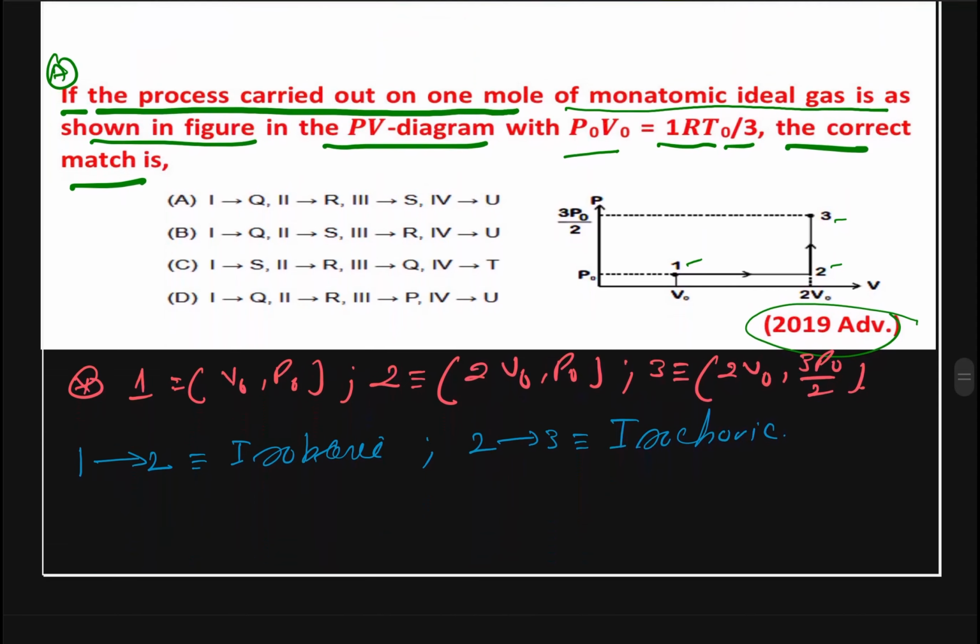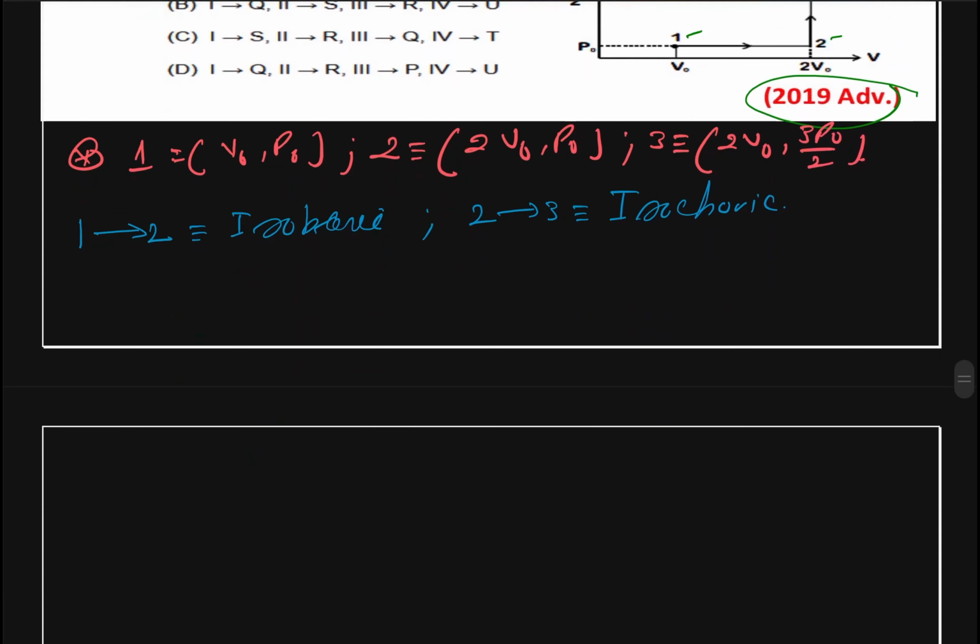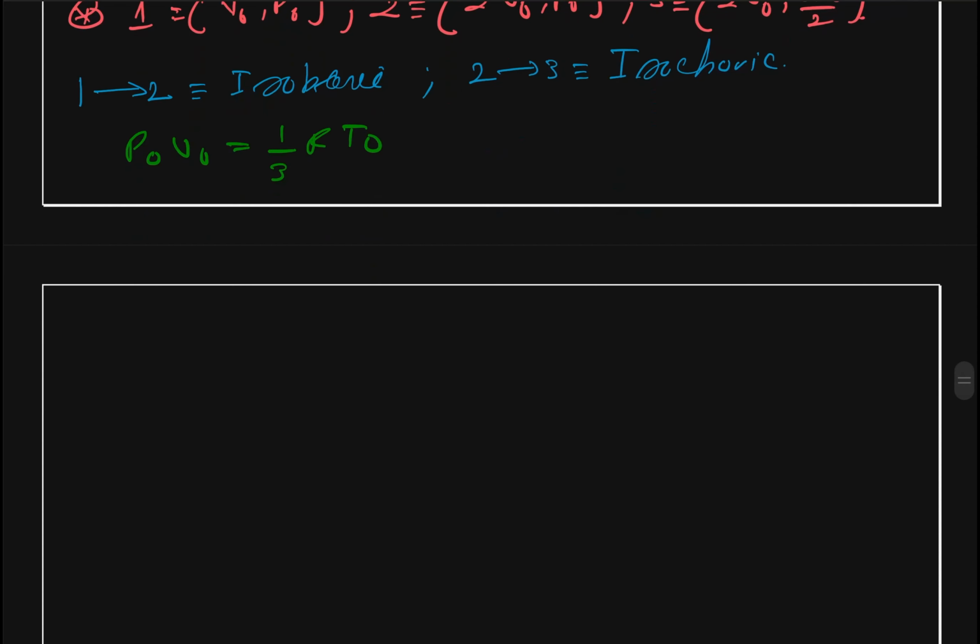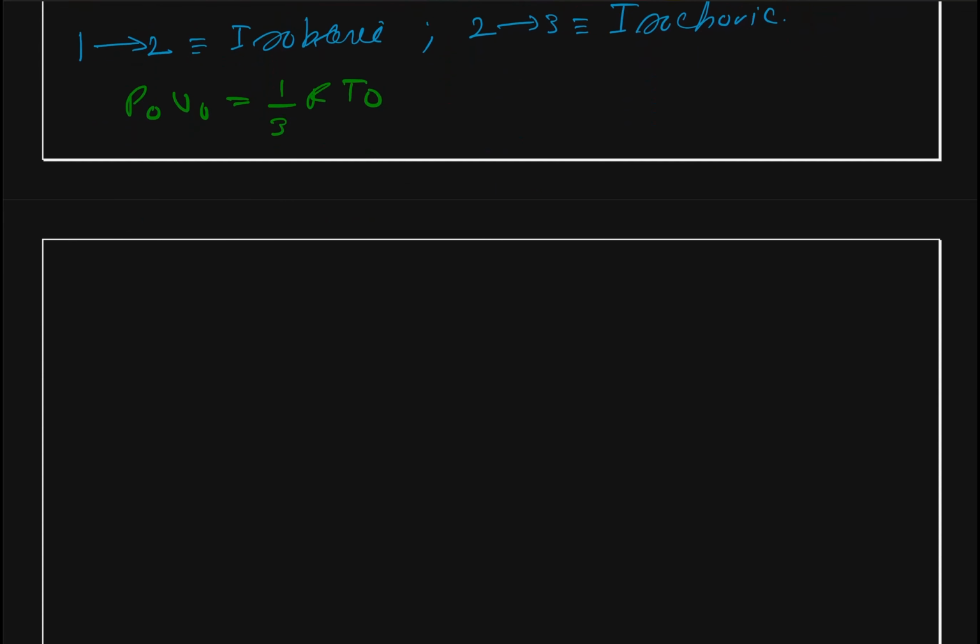We are given that P0 V0 is equal to 1 by 3 R times T0. Okay, so let's find out the temperature of all these states, T1, T2 and T3, the temperature at 3 states.